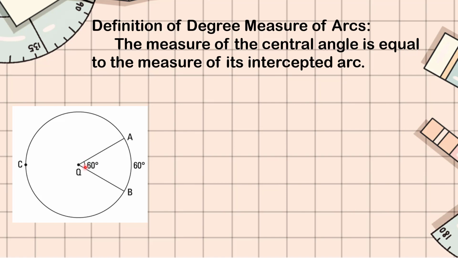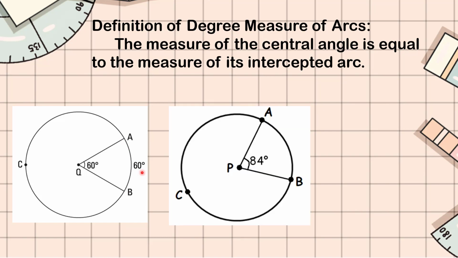And the intercepted arc is arc AB. It says that the measure of the central angle is equal to the measure of its intercepted arc. So if this angle measures 60 degrees, this arc measures 60 degrees.